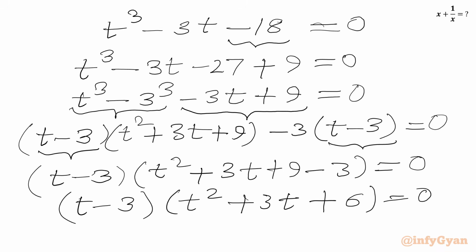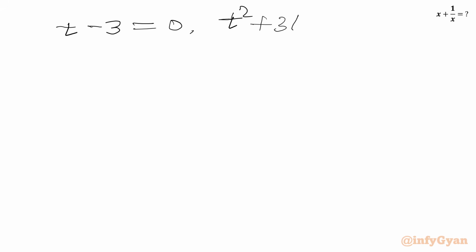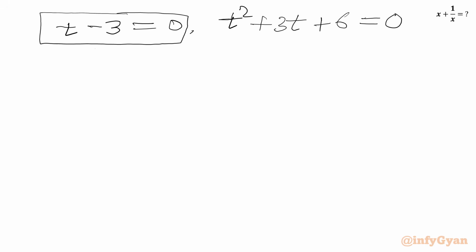So we have factorization t minus 3 times t square plus 3t plus 6. Now we can apply product 0 rule and write either t minus 3 equal to 0 or t square plus 3t plus 6 equal to 0. So from our first equation, t minus 3 equal to 0, we will easily find t will be equal to 3 by adding 3 to both sides.